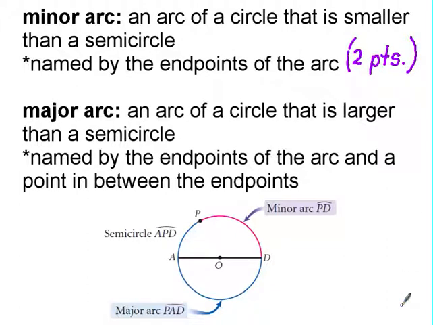A major arc, on the other hand, is an arc of a circle that is larger than a semicircle. It is named by the endpoints of the arc and a point in between the endpoints. So this one is named with 3 points. That's one of the biggest differences between a major arc and a minor arc. A major arc is named with 3 points, a minor arc is named with 2.